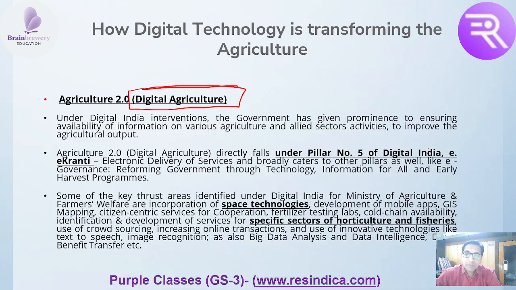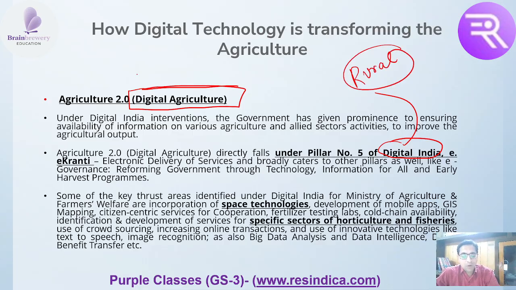You all know that the government is running the Digital India mission, with special focus on rural area broadband connectivity. Agriculture 1.0 focused on mechanization and increasing output, but now we need digital tools in order to compete in the international market and make our agriculture system more efficient and robust.